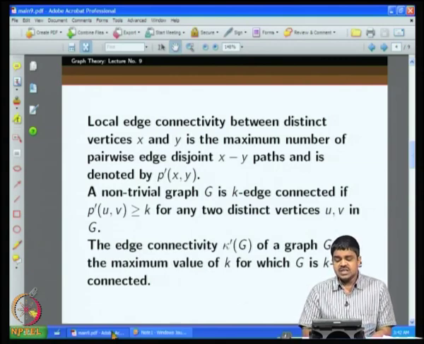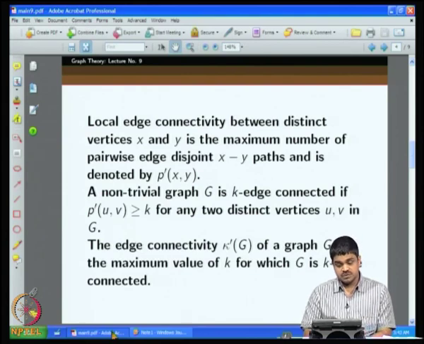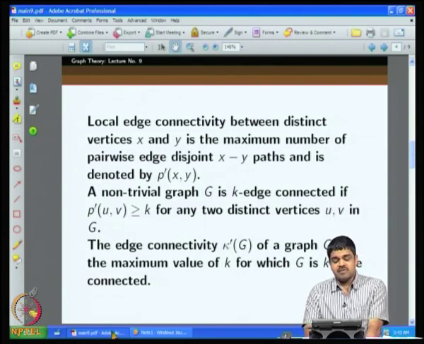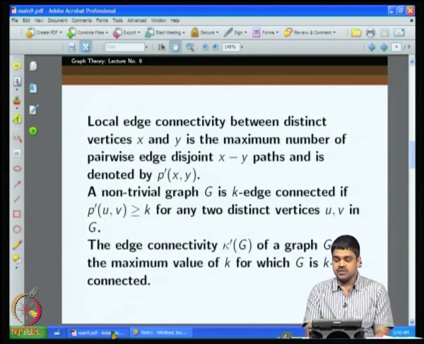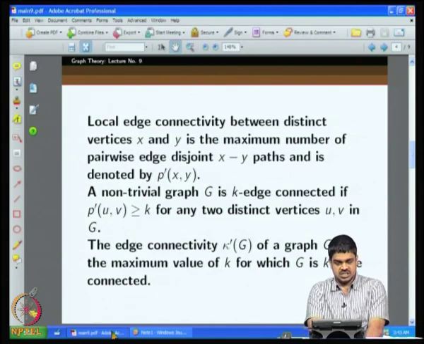The edge connectivity: kappa of G was used for vertex connectivity, and edge connectivity is denoted by kappa dash of G, which is the maximum value of k for which G is k edge connected.